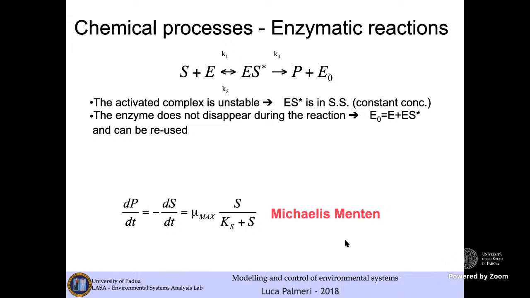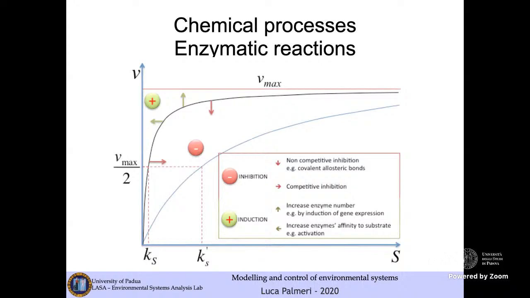This model is called the Michaelis-Menten model, and it is by far the most largely applied model in modeling ecosystems, or, if you want, biological processes.